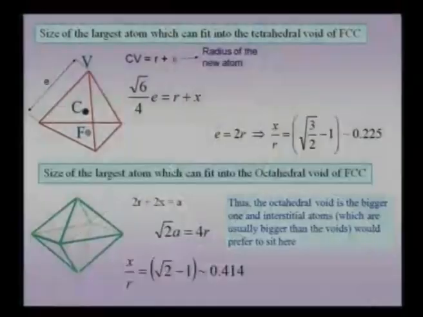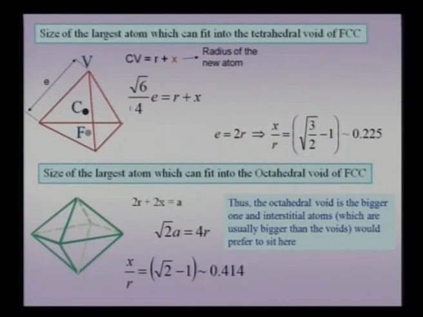So, we had seen that the tetrahedral void in the cubic closed packed crystal is a smaller void, but there are twice as many tetrahedral voids as octahedral voids. If you look at the size ratio of the atom which can sit in the void with respect to the radius of the atom at the lattice point, it is 0.225 for the tetrahedral void and 0.414 for the octahedral void.